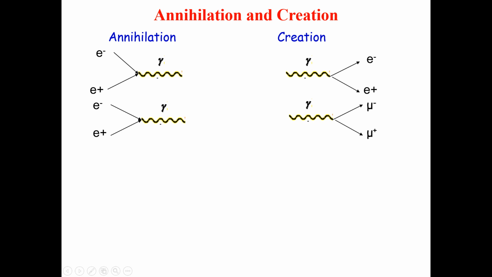Similarly, we have high energetic gamma ray photons, and when these photons pass through a high energy nuclear field, they are disintegrated into an electron and positron pair, or it results in the creation of negative and positive muons.